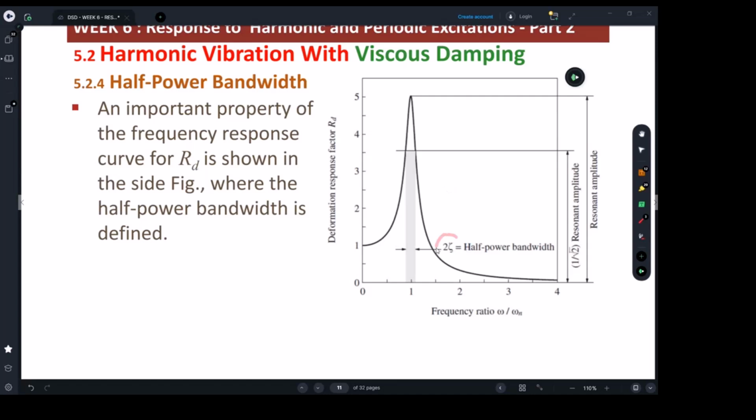There is a relationship between the damping ratio and the peaking value of the RD value. So first, we're going to relate the peaking value for the displacement response factor and the damping ratio. Now, this width is called the half power bandwidth.